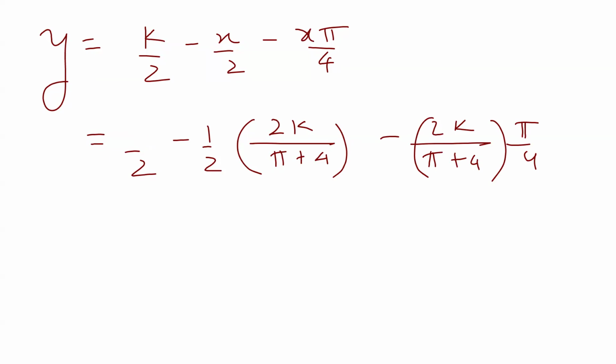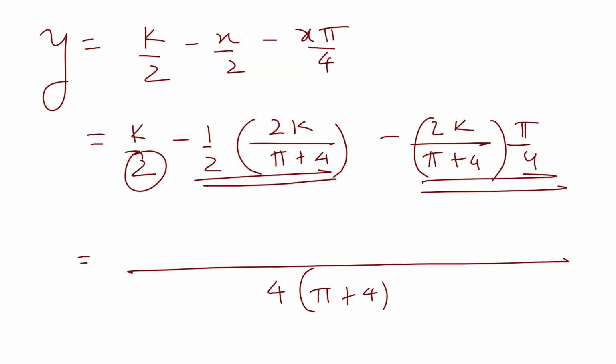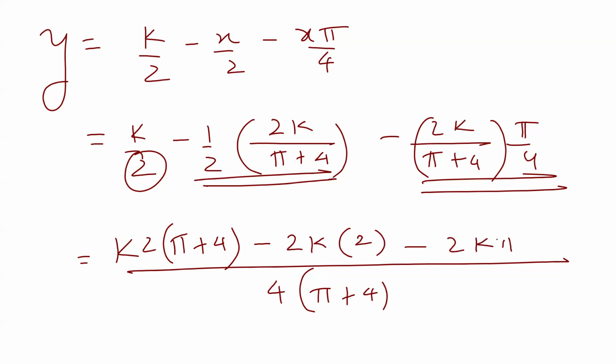Now this is not very difficult as it seems. The LCM of this term and this term is 4 into pi plus 4. So what will k be multiplied with? 2 into pi plus 4. Very good. As I said, it's not going to be very difficult. Minus 2k will be multiplied with 2, minus 2k pi.